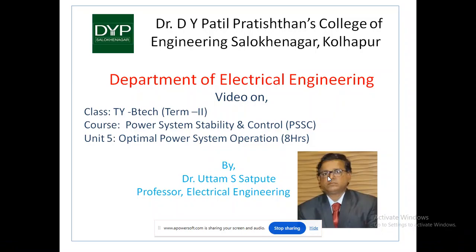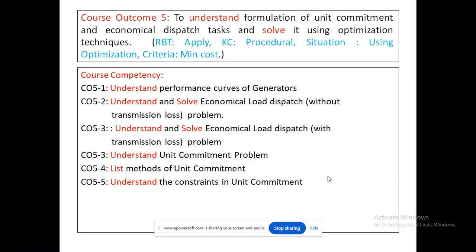This is a video on the course Power System Stability and Control, Unit 5, Optimal Power System Operation. Now the course outcome, defined as number 5, is to understand the formulation of unit commitment and economical dispatch task and solve it using optimization technique.